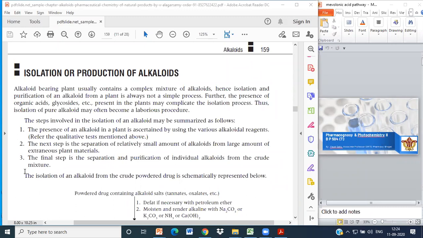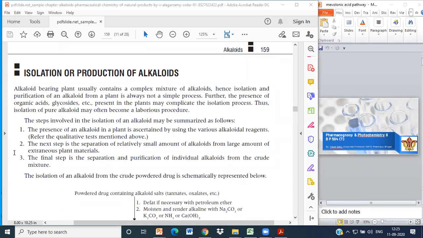When you isolate the caffeine, it doesn't contain any of the other impurities, so then it is isolation. For example, if a drug contains A, B, C, D glycosides, isolation means you have to separate A glycoside separately, then B, then C, then D. So this is all about isolation.